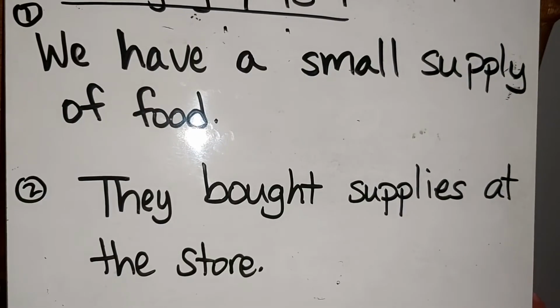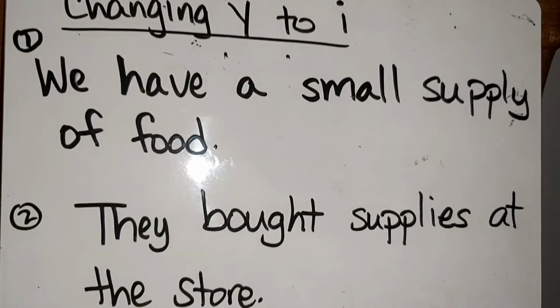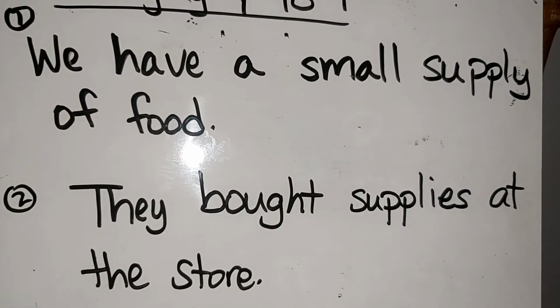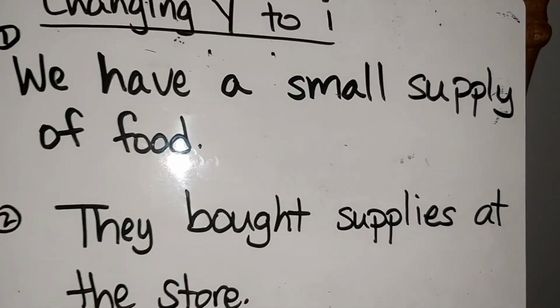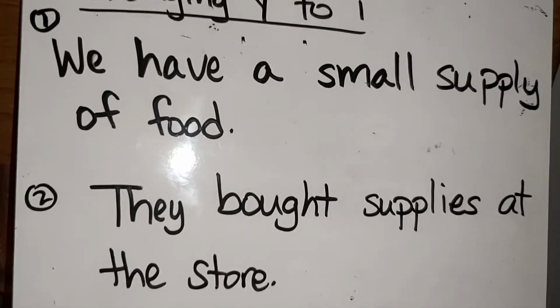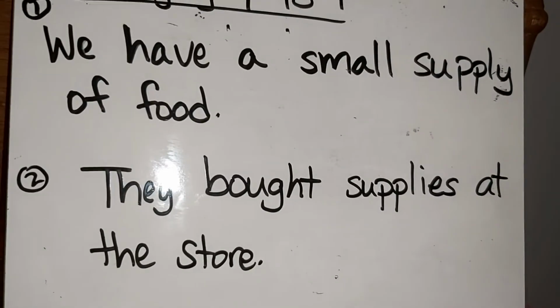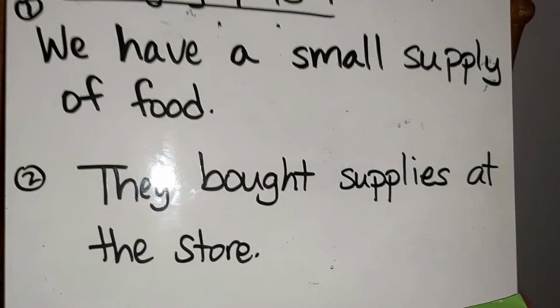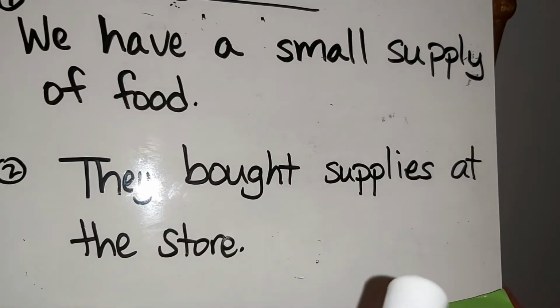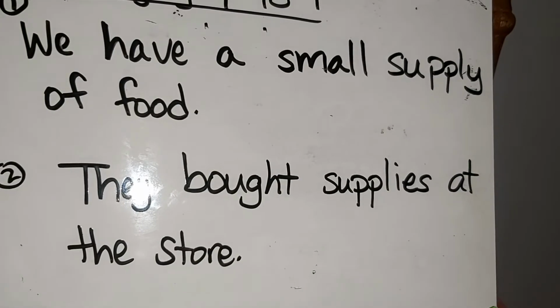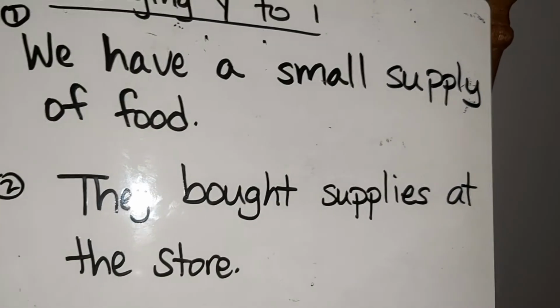All right, so we are back. This is how your sentences should have looked when you wrote them from what I said. We have a small supply of food and they bought supplies at the store. Here again, can you tell me which is the plural, which is the singular sentence? Okay, so we have to look for clue words. So, we have a small supply of food.